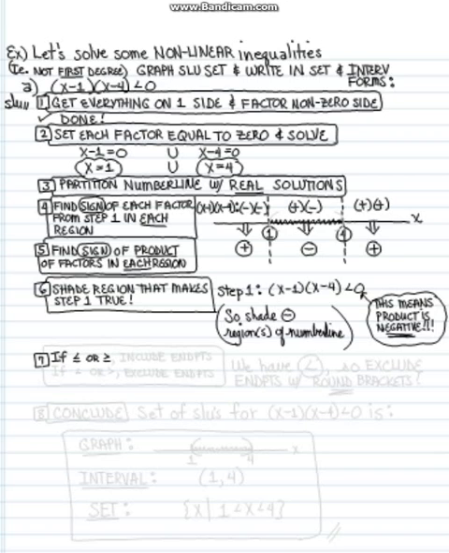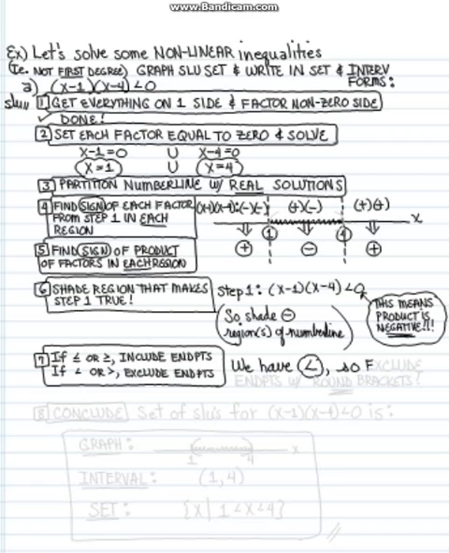Step 7, if the inequality sign had an equal portion in it, include the endpoints. If it had no equal portion in it, exclude the endpoints in your graph. Our original problem had an inequality sign with no equal portion. It was only less than. So that means we're going to exclude the endpoints, and that implies we're going to put round brackets on 1 and on 4.